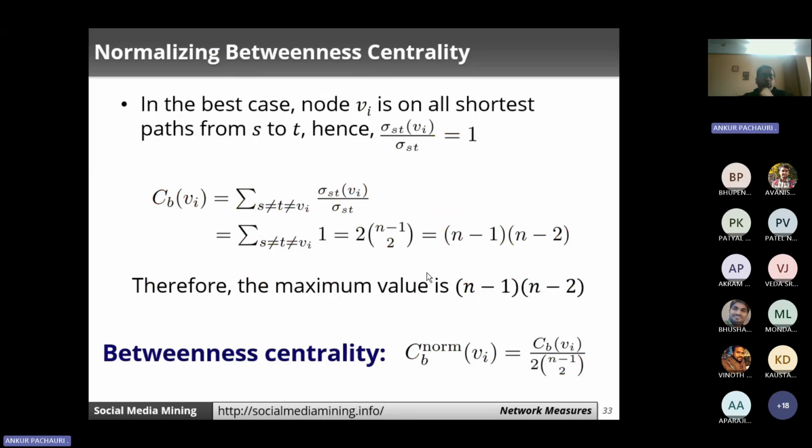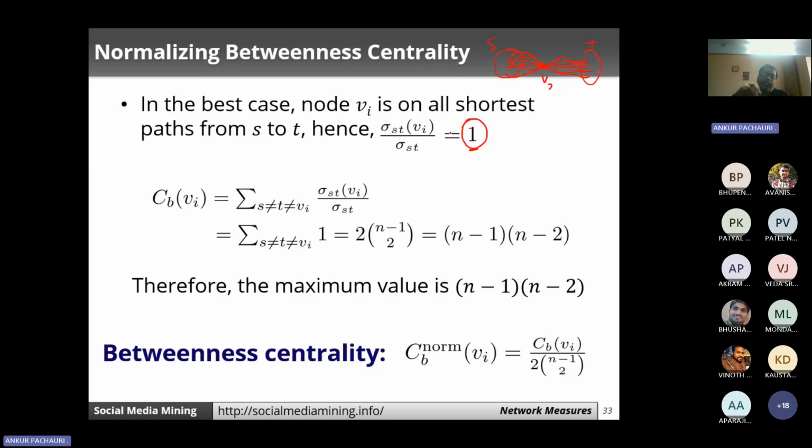Now, if I have to normalize it, what will be the normalizing factor? The best case for betweenness centrality will be 1 when all the paths, from the set of sources to the set of destinations, pass through a particular node, suppose V7. If the situation is like this, they all are passing through a node, then the betweenness centrality for that node will be 1.